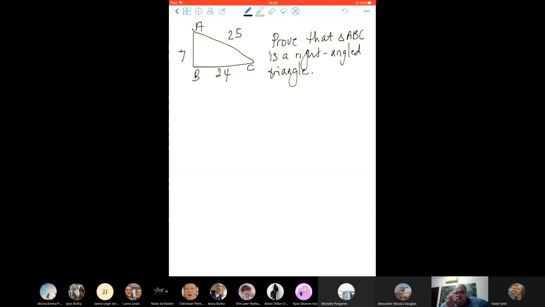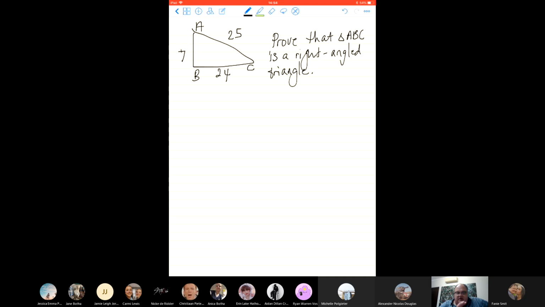Now, the moment somebody says anything about a right-angled triangle, you think of Pythagoras. If I can prove the theorem of Pythagoras is working in a triangle, then the triangle must be a right-angled triangle. That makes sense, doesn't it?